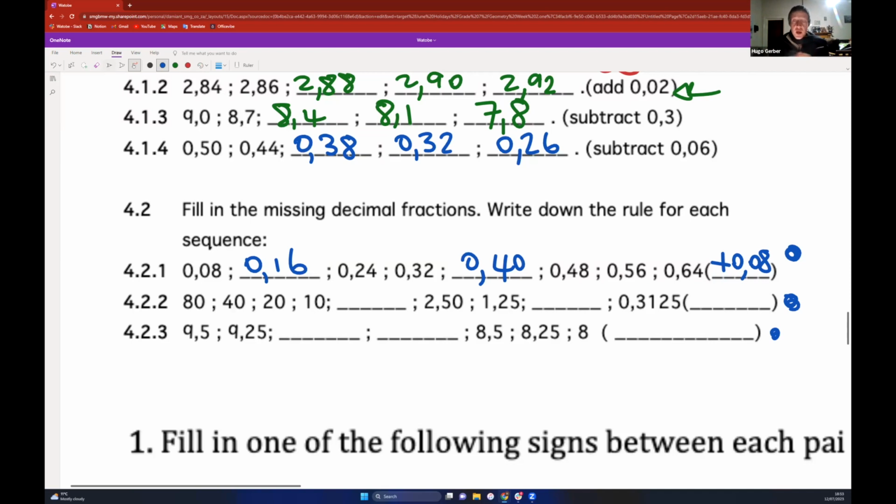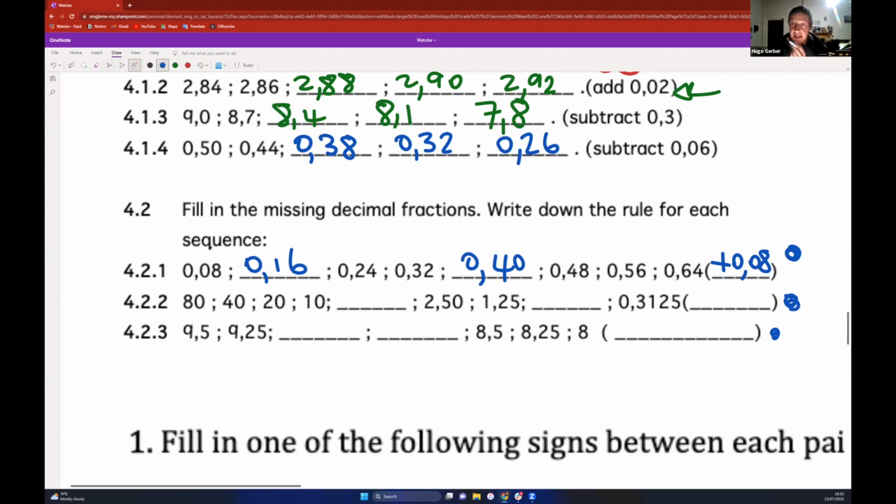After a comma, we never pronounce it as forty, or name it as a whole number. We always say after a comma, zero point four zero, zero point four eight, zero point five six. Okay. Just remember that one.